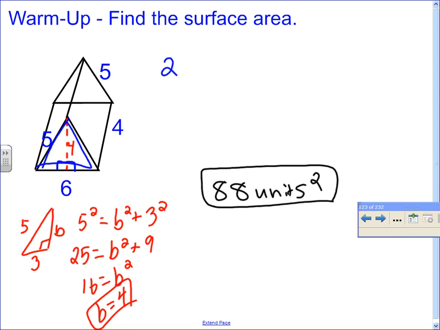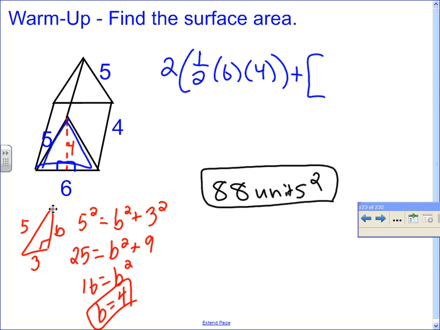So it's 2 times area of the base, which is 1/2 base, which is 6, times height, which is 4. So if it's a triangular prism, the triangle is always the base. And then are you okay with the perimeter of the base, or did you just need to know what the base was? Yeah. Okay. Sure you're okay? Okay. Mary? Thank you. All right, we good on the warm-up.